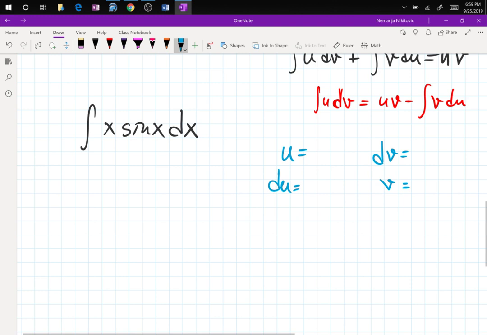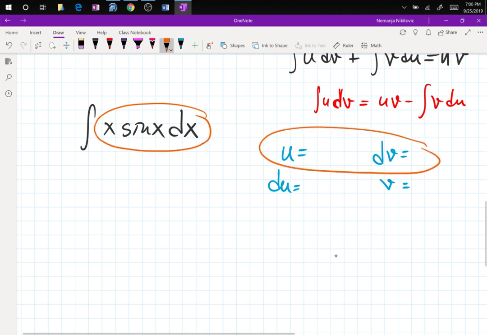There are other ways to do it, but this is one of the cool ways. So your job is to break these into there. Clearly dx will always be what dv is. So your job is to transfer these in there.